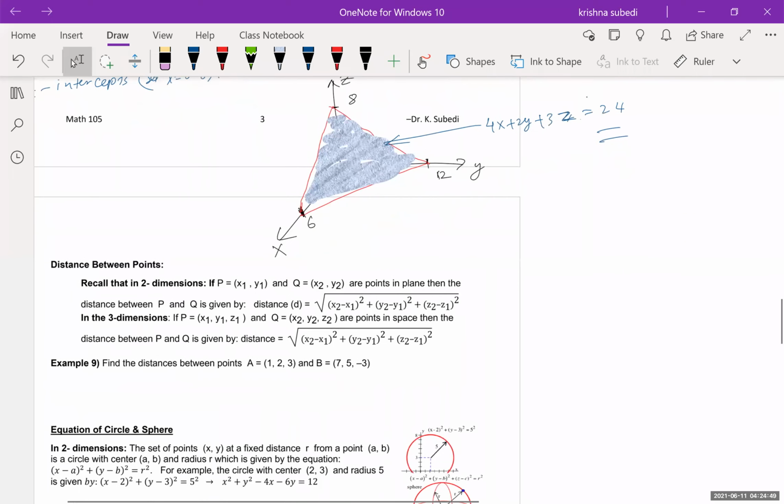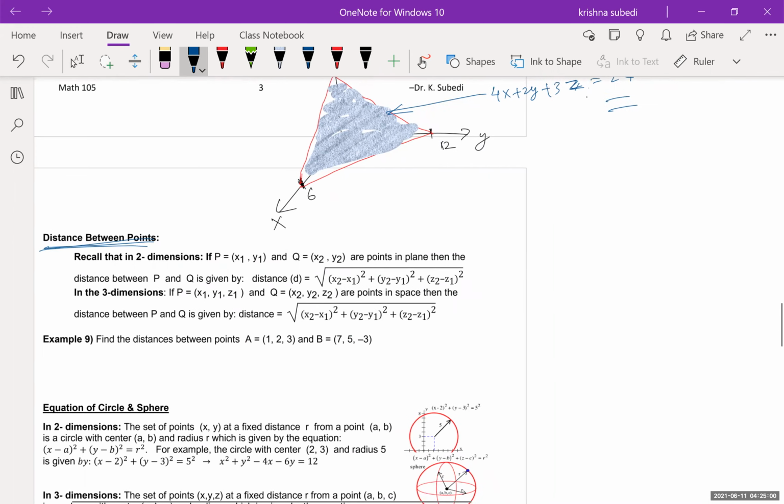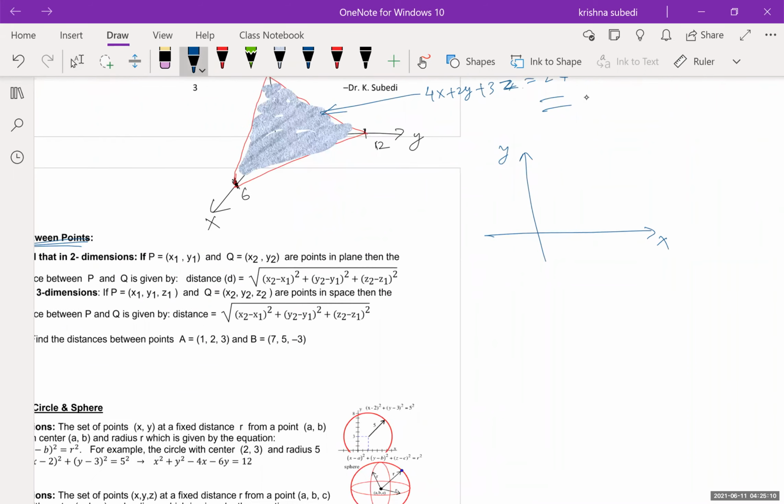Now let's look at the distance between 2 points. And I want to take you to high school for just 1 minute, because you need to recall one formula from high school. In your high school, what you learn is, let's say this is your x and y axis, and suppose here is a point, let's say P, and here is another point, let's say Q. P is given by (x1, y1), and Q is given by (x2, y2).